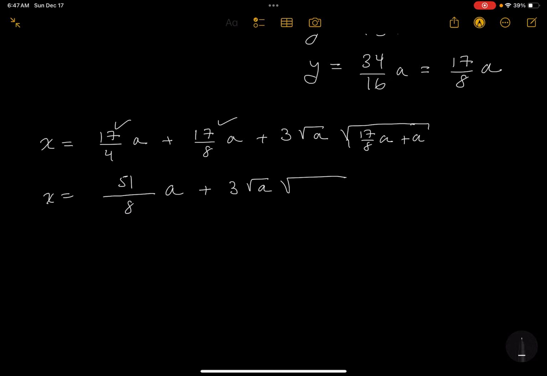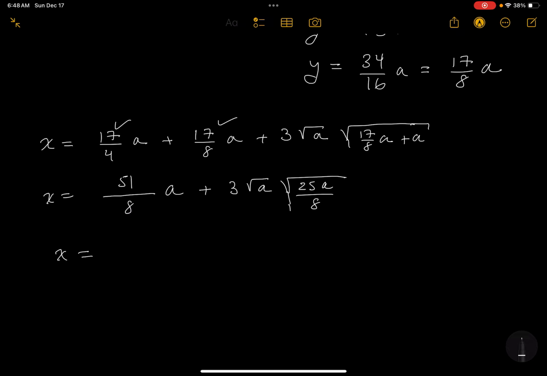Let's write this root down now. 17 eighths and 8 eighths is going to be 25a over 8. Kind of nasty, doesn't it? And let's just keep looking at it. And, oh boy, this is going to be tough. Let's put this one down.